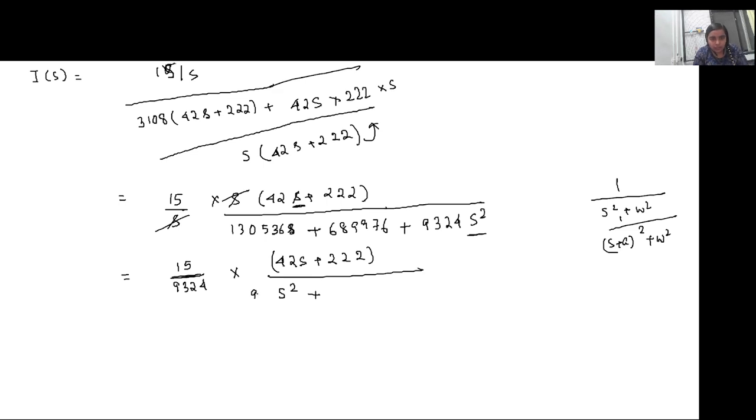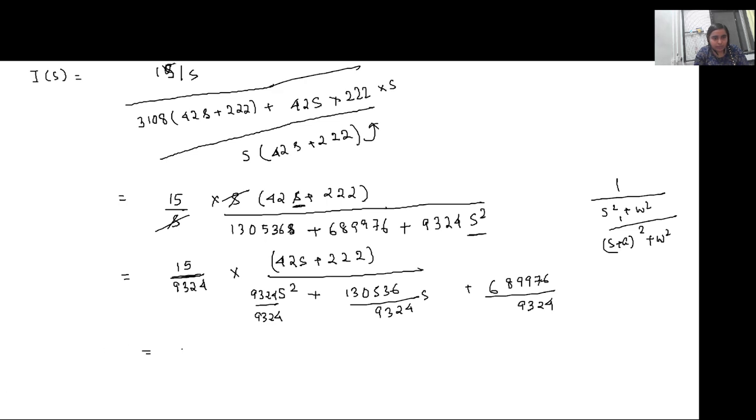So 9324 by 9324, 130536 by 9324 s plus 689976 by 9324.